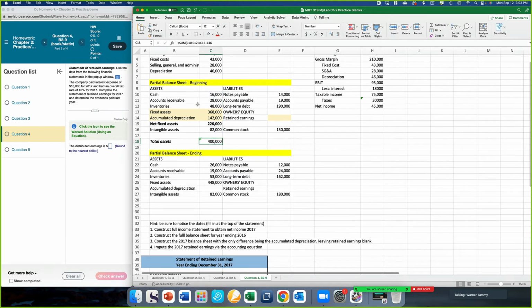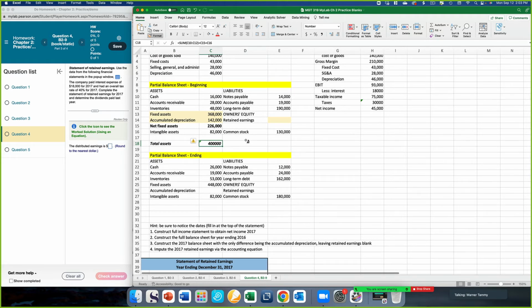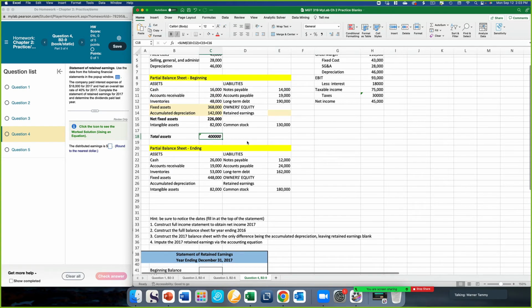So our total assets are $400,000. Okay. Now, we know that our total assets are $400,000. Therefore, we know that our total liabilities and equity have to be equal to $400,000. So let's go ahead and fill that in.